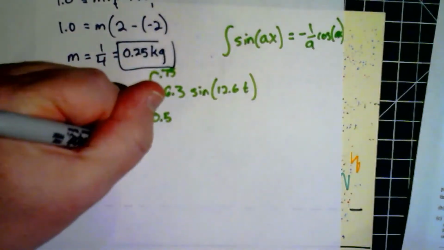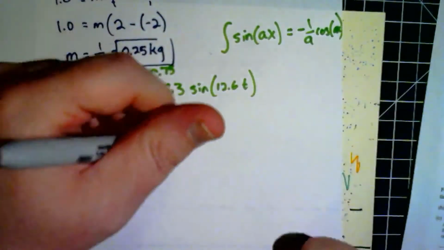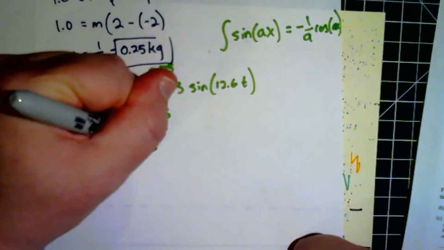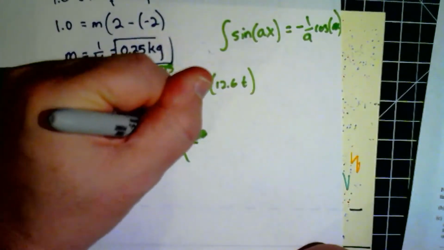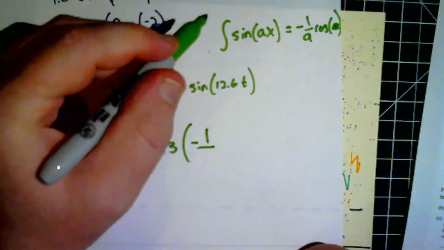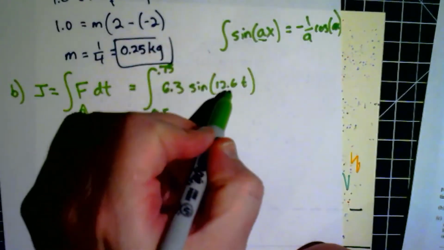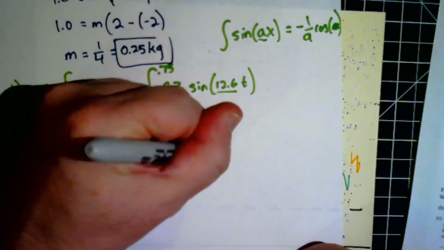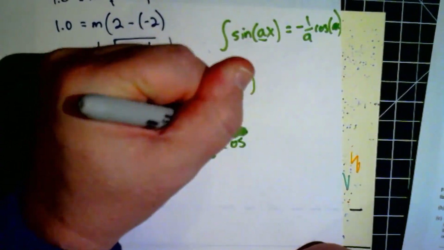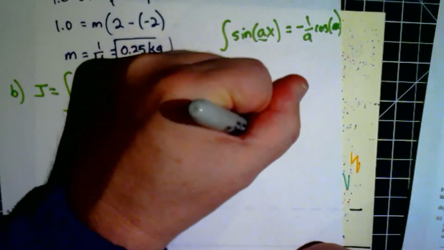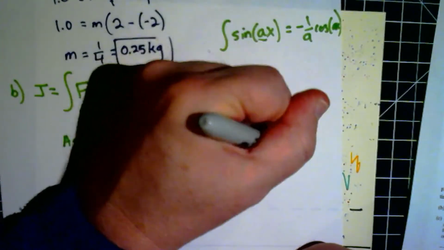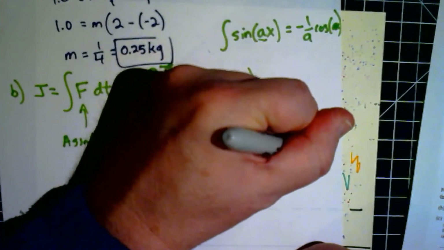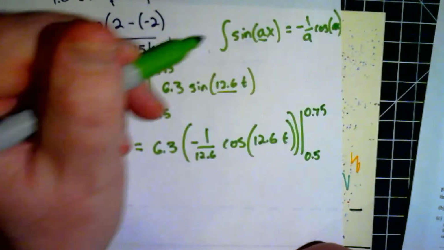And so when we make that substitution, our 6.3 I can pull out, and it's going to be multiplied by negative 1 over a, being this term in front, so it's 12.6, times the cosine of 12.6 times the time, and that is going to be evaluated between 0.5 and 0.75.